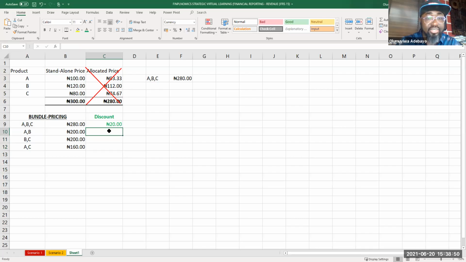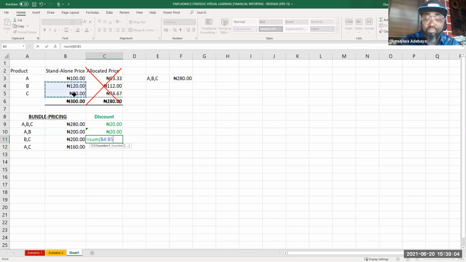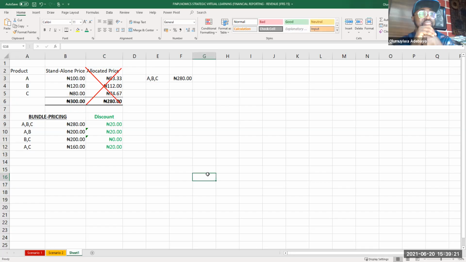The discount here is the sum of AB minus this. The discount here is the sum of BC minus 200, no discount there. The discount here is the sum of A and C minus 160. Therefore, can you see a pattern? What is the pattern you are seeing?